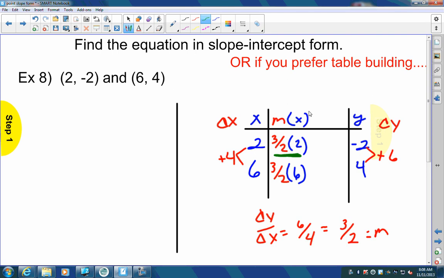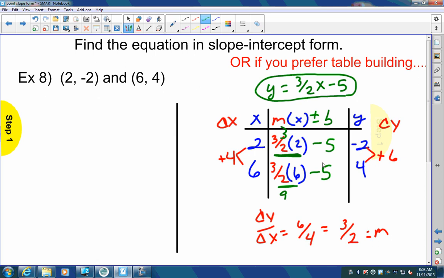What do I need to add or subtract to 3 to get to -2? -5. Some people really struggle with this. 3/2 times 6, that is 9. What do you have to do to 9 to get to 4? It should be the same thing, -5. So your equation becomes y equals 3/2 x minus 5.